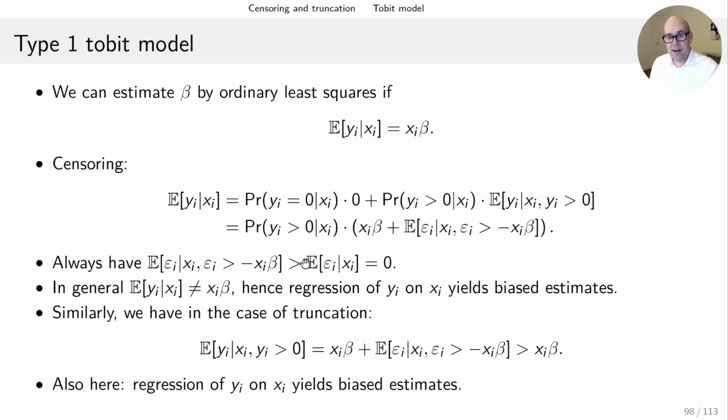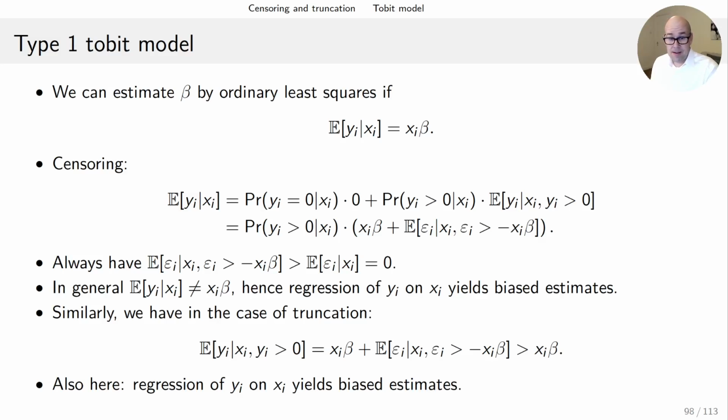And that one, the expectation of epsilon given x, is at least implicitly assumed to be 0 up here. So we would always have that this one is bigger than that. For that reason, in general, the expectation of y given x is not equal to xi beta, and therefore a regression of y on x yields biased estimates.